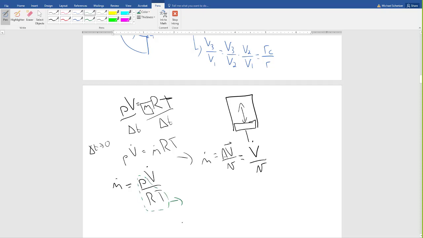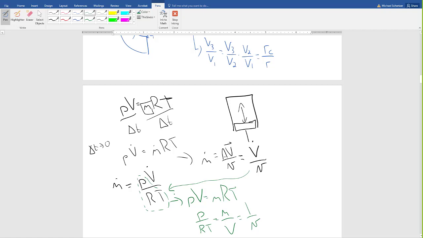If we went to the ideal gas law, PV equals mRT, then P divided by RT is equal to m over V, which is 1 over the specific volume. So these two things are the same.